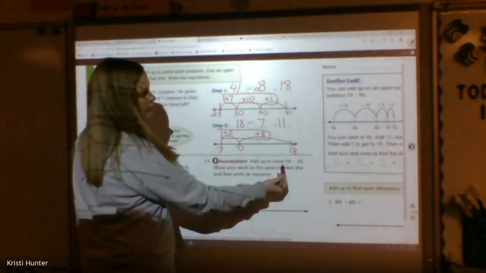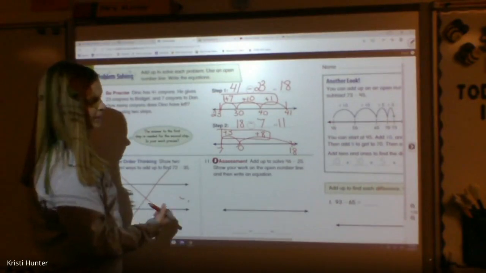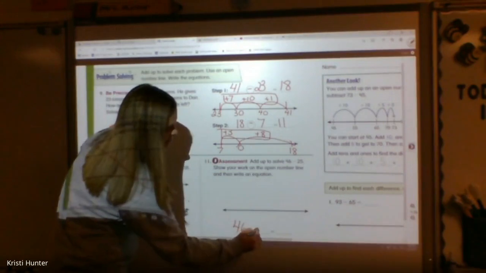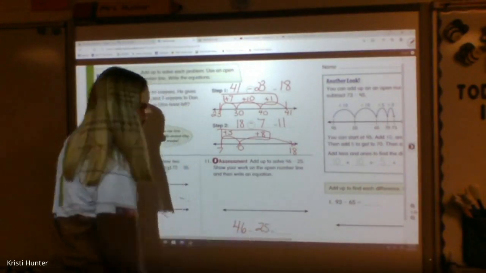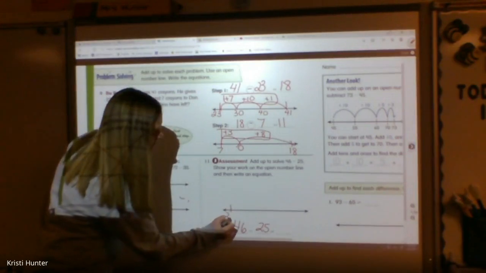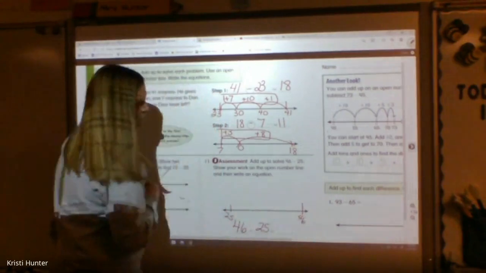Add up to solve 46 minus 25. Show your work on the open number line, then write the equation. So here's my equation, 46 minus 25. I'm just missing the answer, so let's figure it out. 25 is my beginning number. 46 would be where I end.